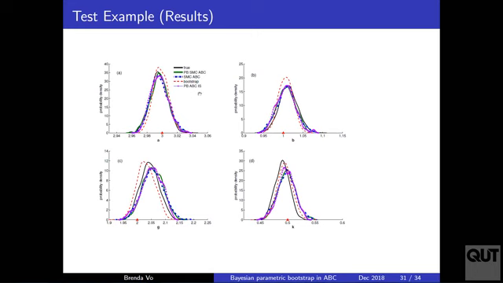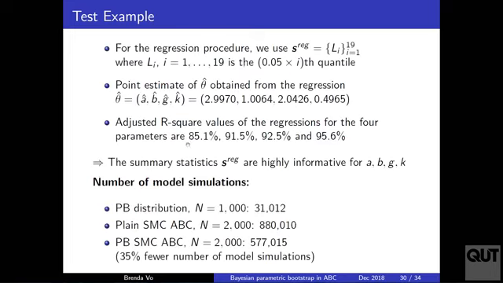We also use the bootstrap as importance distributions for ABC importance sampling, ABC IS, and for SMC ABC, so the green and the blue. And the result is that we save about 35% of the number of model simulations when we incorporate the bootstrap as importance distributions.